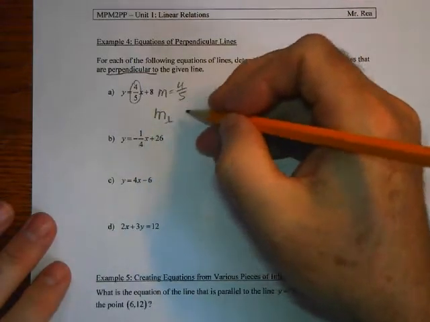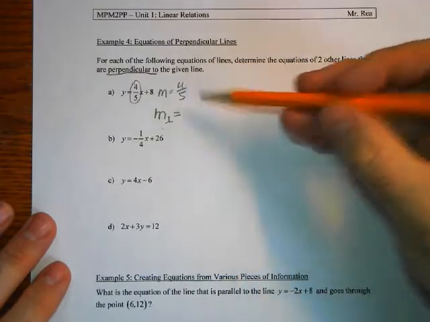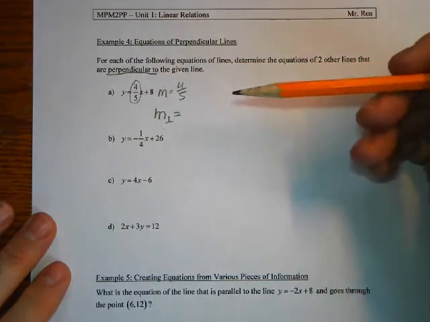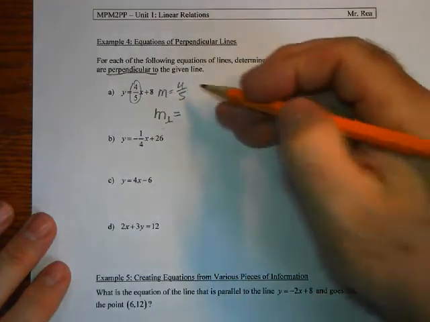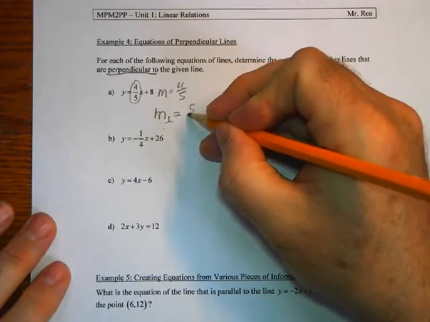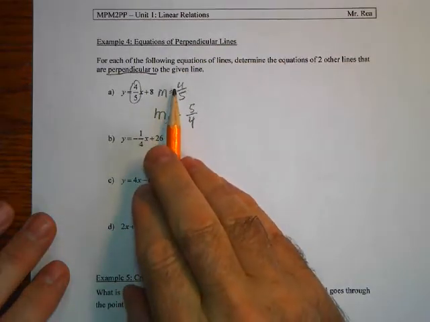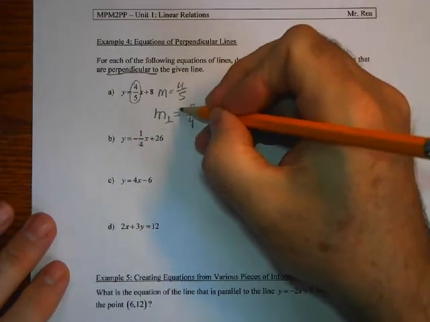So this is the perpendicular slope. Now what I do to get that is I flip the fraction and then I flip the sign. So first thing, if I flip the fraction, that becomes 5/4. Okay, and flip the sign. Well, this is positive, so I change it to negative now.